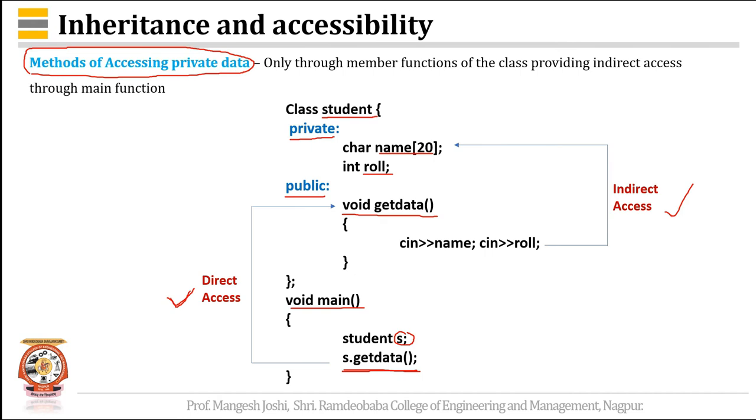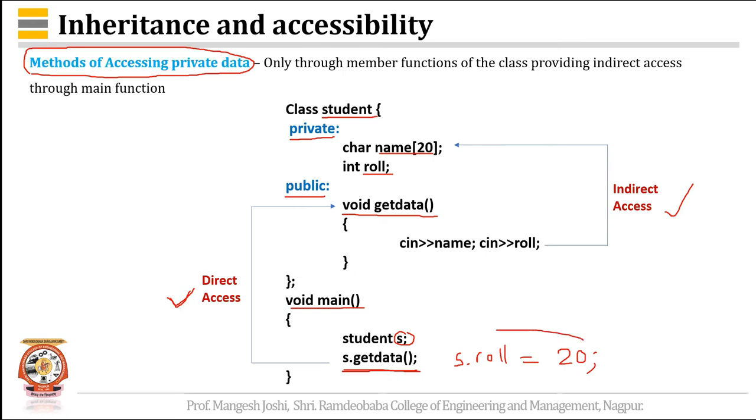But suppose in this case you write s dot roll is equal to 20. This will not work because it is the private data of the class and hence it cannot be accessed by external functions.